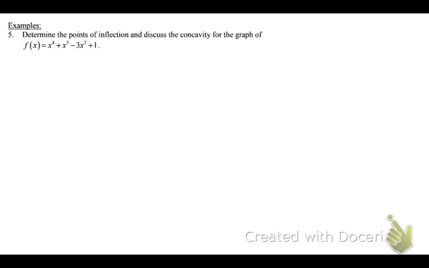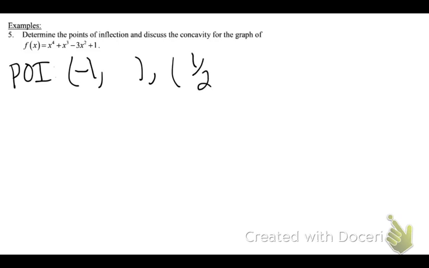All right, so we were finding our points of inflection. That happens, we said, at negative 1 something and 1/2 something. It's really important to remember that when you're finding an actual point on the graph, you plug your x value into the original function, which we have here.